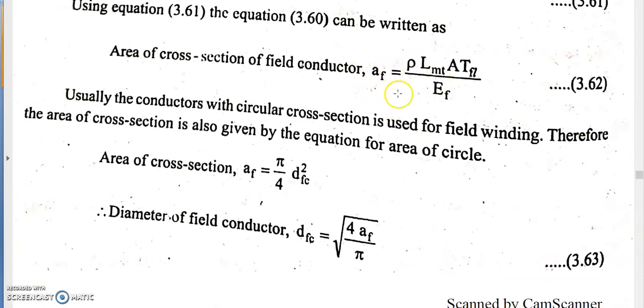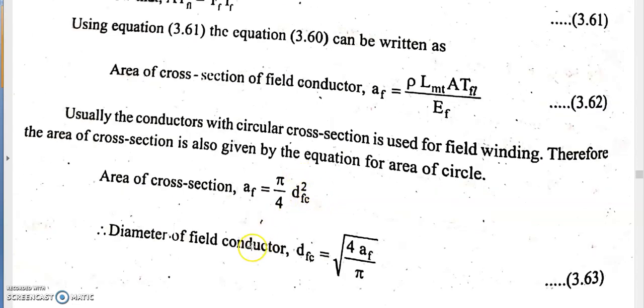Once the area of cross section is known, the diameter follows. For both rectangular field and cylindrical field, the field conductors are going to be round conductors only. Always the conductors will be circular conductors. So the area of cross section is known to us, and it is pi r square, or pi into d by 2 the whole square. DFC is the diameter of the field coil, which we can calculate from this equation as square root of 4 AF by pi.